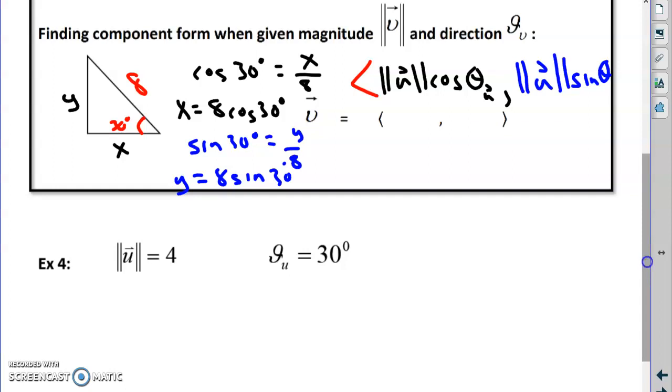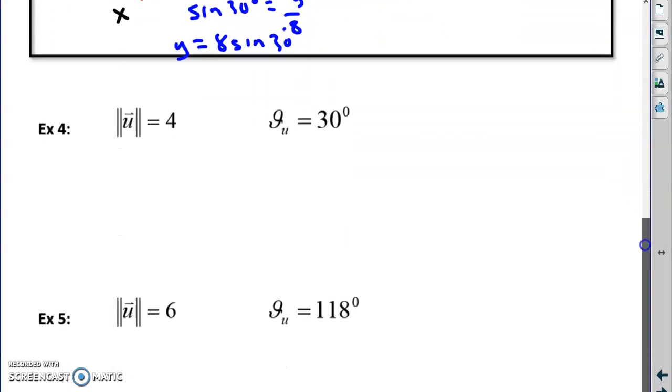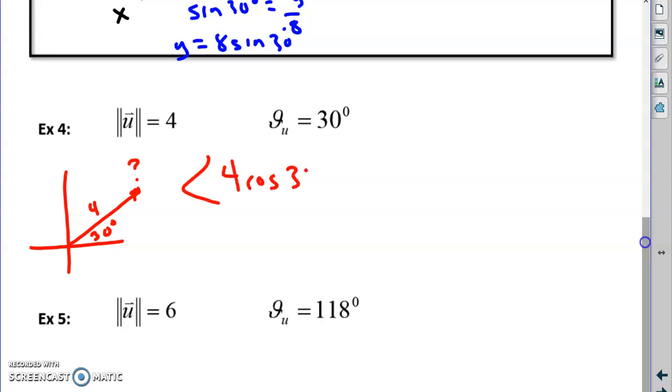All right, so let's do this one right here. Let's change it up since we just did a 30-degree angle. I guess we can keep it. If I picture that in my head, I would say it's 4 units long. That's the angle. Where is that terminating point from the origin? For cos 30, for sine 30.